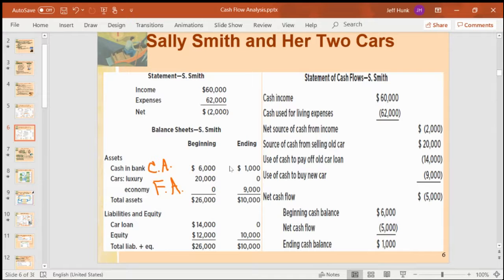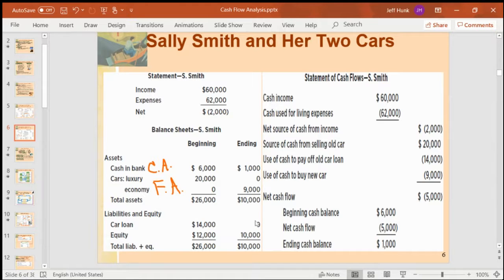Usually the book value and the market value would be different, and I explained this before. So she must have paid this off with the proceeds from the sale of her car.